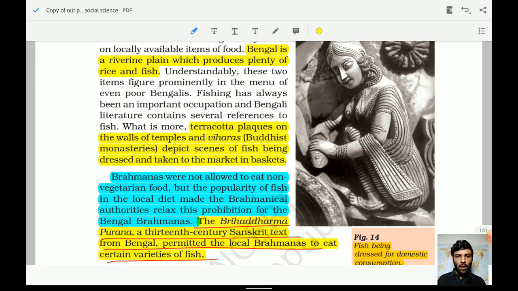And the Brihad Dharma Purana, remember this particular Purana, a 13th century Sanskrit text from Bengal, permitted the local Brahmanas to eat certain varieties of fish. So we understand how a particular food habit of a particular area became so popular that the Brahminical texts had to give it a place, and an exception was made for the Brahmins residing in that part of Bengal.